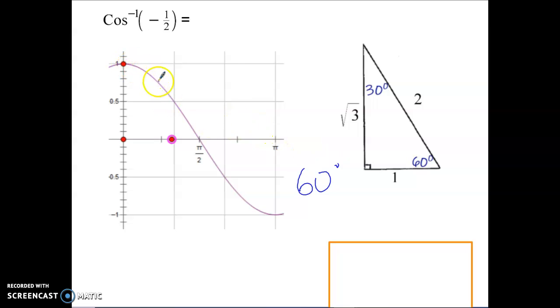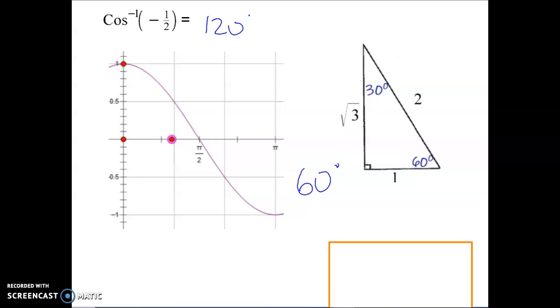Is cosine positive in the first? Negative in the first? Or is it negative in the second? Well, it's negative in the second. You can see it below the axis here. But I don't have to go backwards into the second. You can see that I'm starting at 0 and I'm going in a positive direction into the second quadrant. So if I go in a positive direction into the second quadrant, 180 minus 60, 120 degrees.